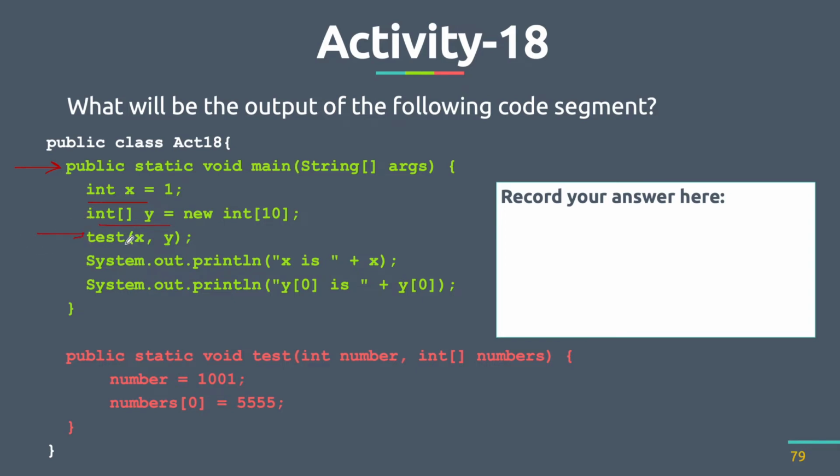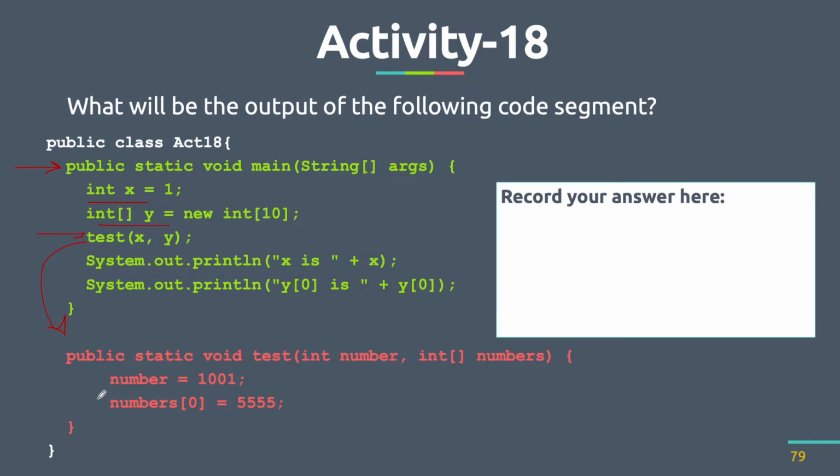Then we sent x and y to a method called test, and we know that x has been passed by value while y was passed by reference, because x is a primitive type, it's an integer, while y is a reference type.